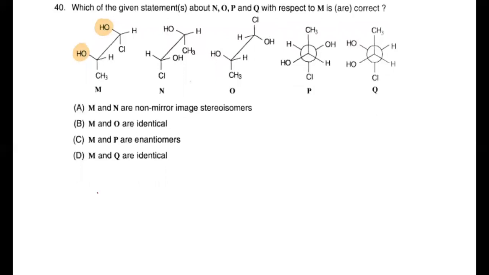So if I write N over here, for the structure of N, if I try to take both the OH on the same side, then only we can compare. Or you can easily compare. This is H, this is OH, and this is U. You can see with respect to M and N, there are two changes.